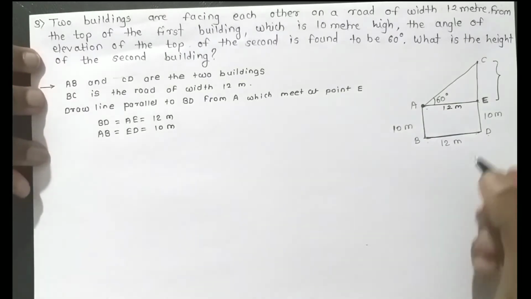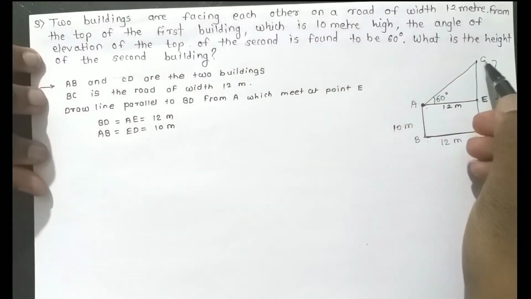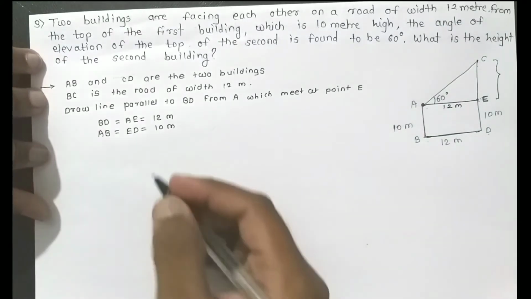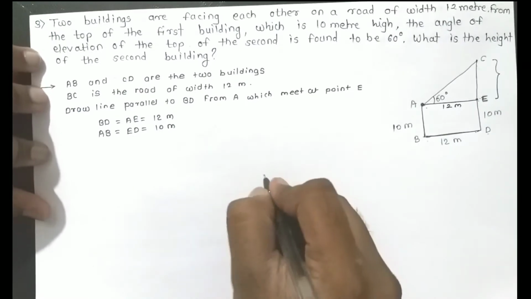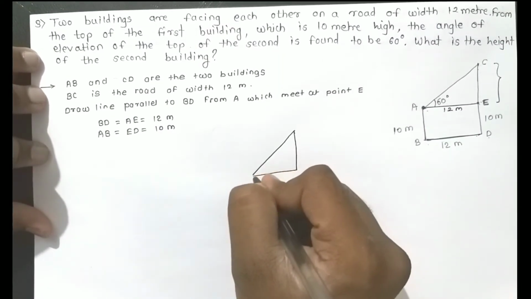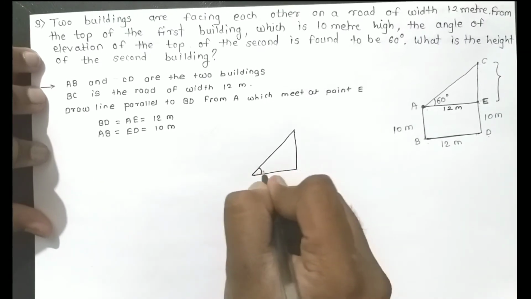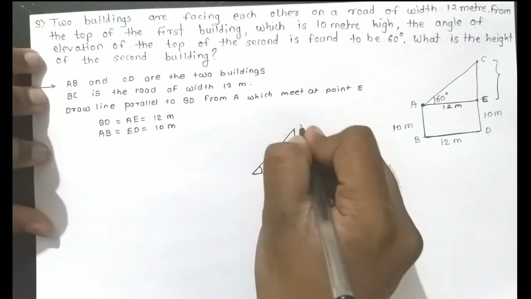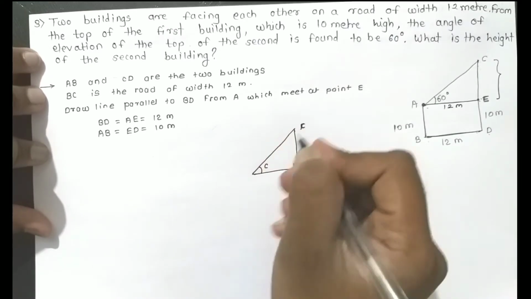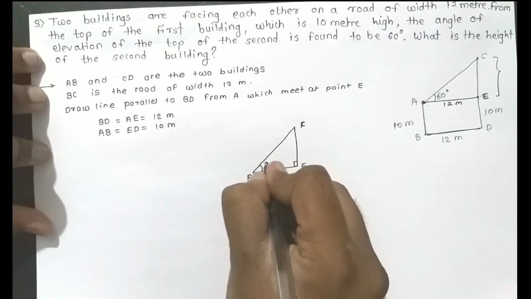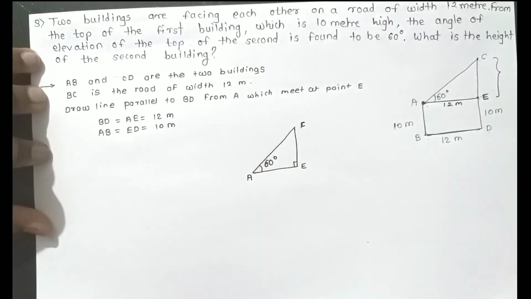Now what we have to find out is the length of CE. So we draw only the upper portion, that is triangle AEC, right angle at E. Sorry, theta is at the A point and that is 60 degree.